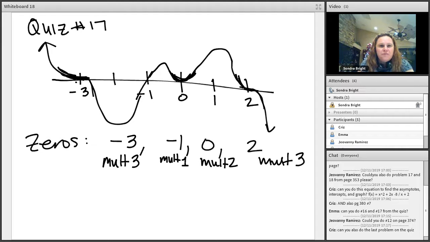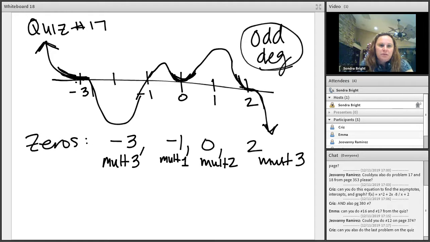Now, the fact that our arrows at the ends are going in opposite directions means that we should have an odd degree for the total polynomial. So when I add up my multiplicities, 3 plus 1 is 4, plus 2 would be 6, plus 3 is 9, which is an odd degree. So that matches up. So I feel like I did that right.